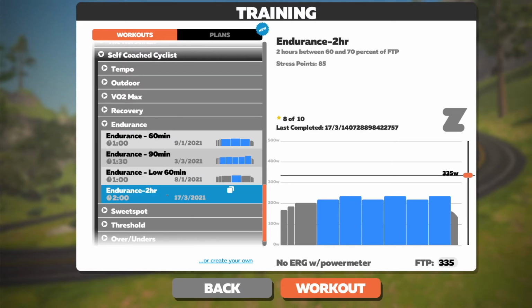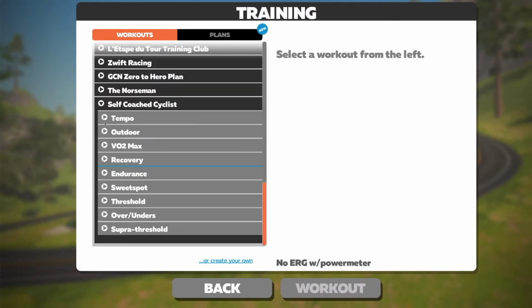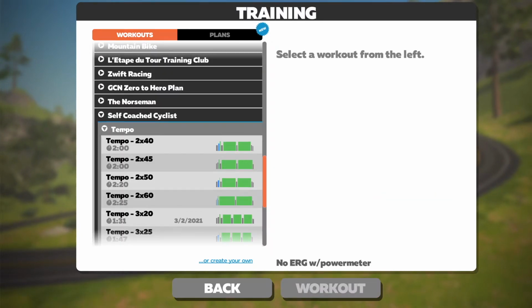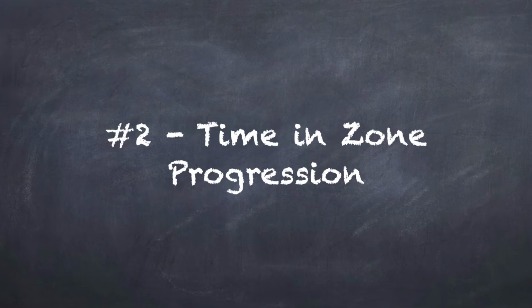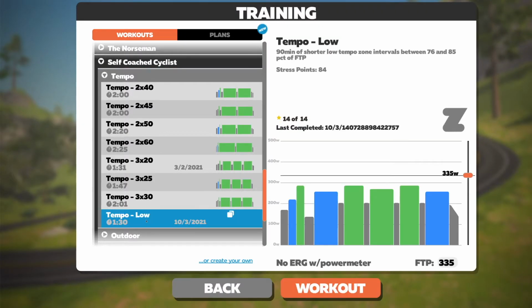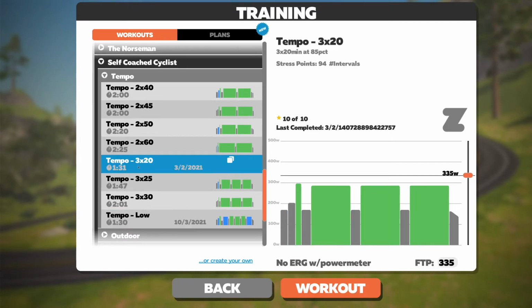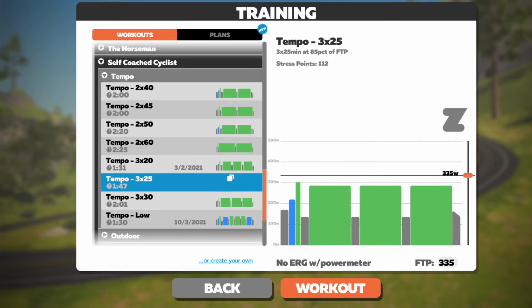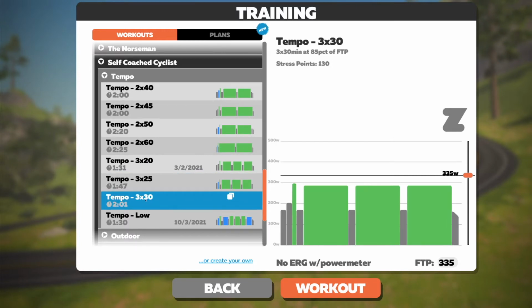Two of the main things you're going to look at with your workouts is building up or progressing your time in zone. So when I looked around, a lot of advice I saw was basically for tempo, you're going to want to have anywhere between 30 minutes and 2 hours of time in zone, and similar for sweet spot.